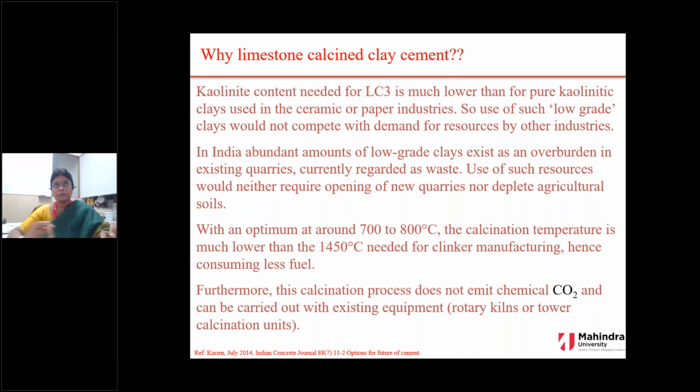And as we know, these clays need to be calcined at a temperature of 700 to 800 degrees, which is much lower than what we use for clinker manufacturing. Hence, we use less fuel, which obviously leads to less CO2 emission.